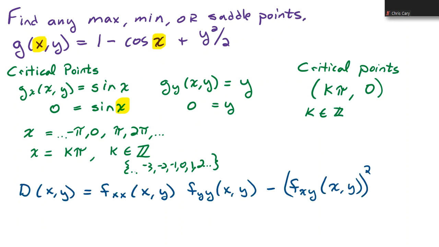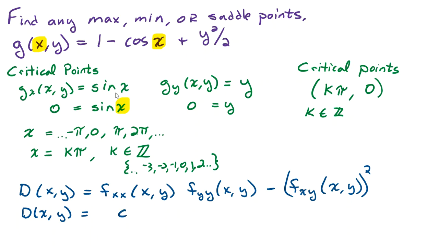Let's go ahead and come up with an equation for our second derivative test. And instead of plugging in values, since we have infinitely many values to consider here, let's just write a formula for this. What is the second partial xx? I need to take the derivative of this guy with respect to x. Well, that's pretty easy.